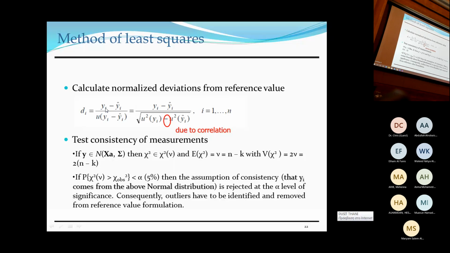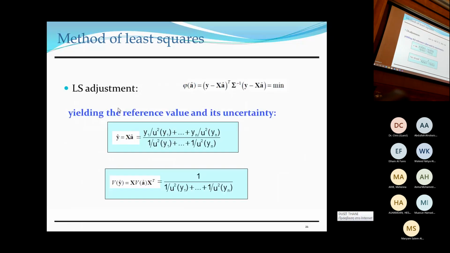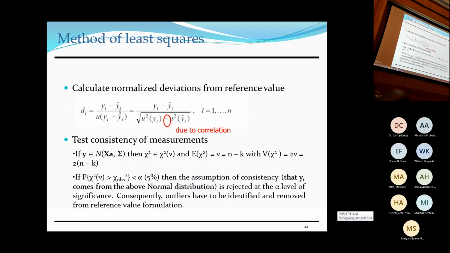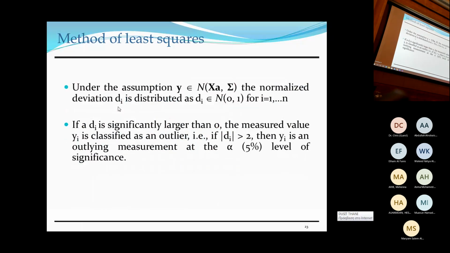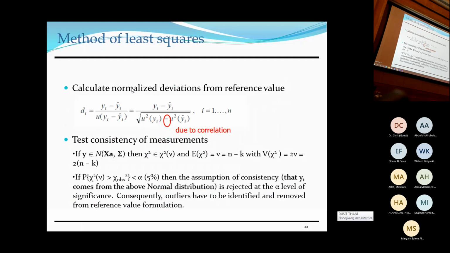This is the measurement of lab i minus the reference value, divided by the uncertainty of the difference between these two. And the uncertainty of the difference is this.